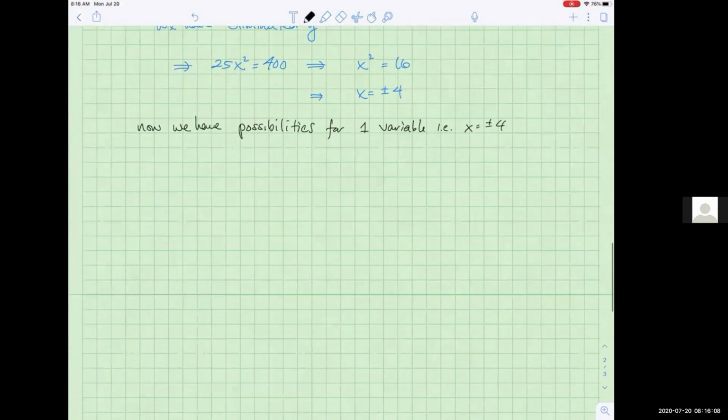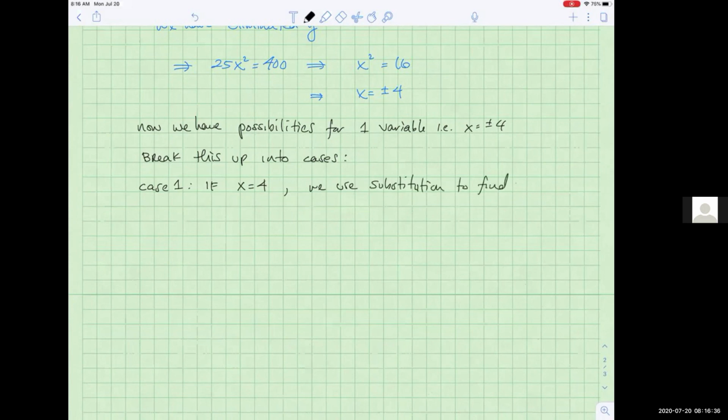At this point, you want to break this up into cases to keep things straight. Case number 1, if x equals positive 4, then we can use substitution to find y.